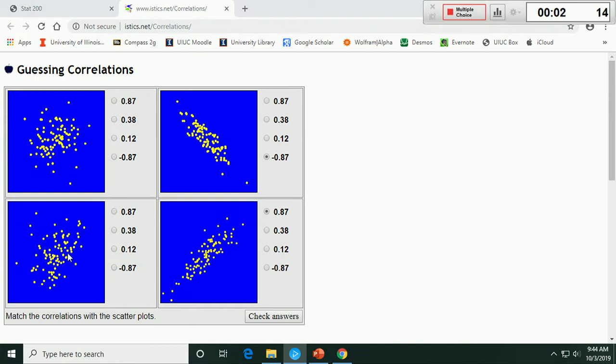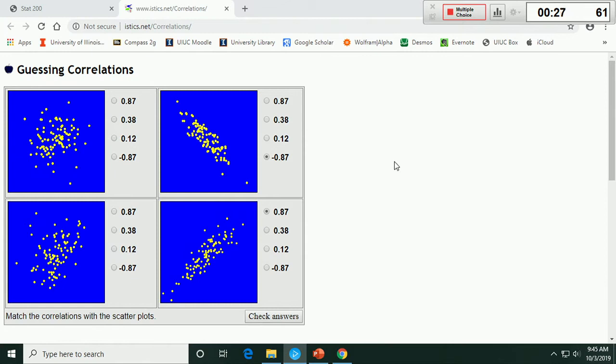Okay, so if you think this one is 0.38, choose A. If you think it's 0.12, choose B. We're doing this one. So just vote, and then we'll check it out. So just vote A or B.